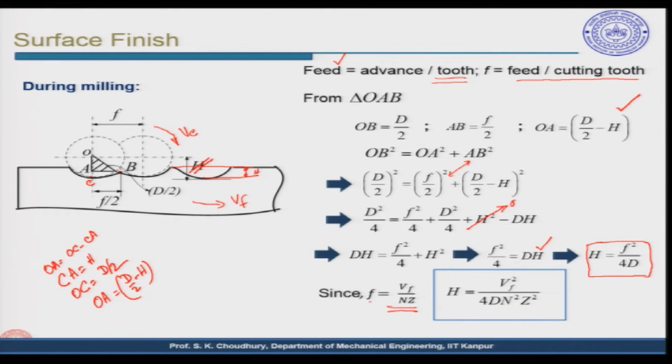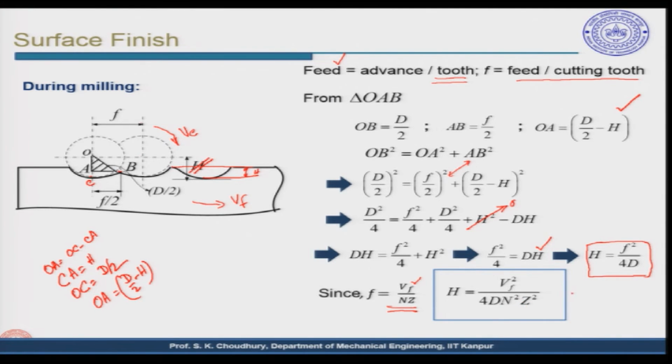In case of milling, it is the feed per tooth, which is equal to the feed velocity divided by the rotational speed RPM of the milling cutter multiplied by Z, which is the number of teeth in the milling cutter. So, if we put Vf by Nz in f, you will find that H is equal to Vf square divided by 4 d N square Z square.